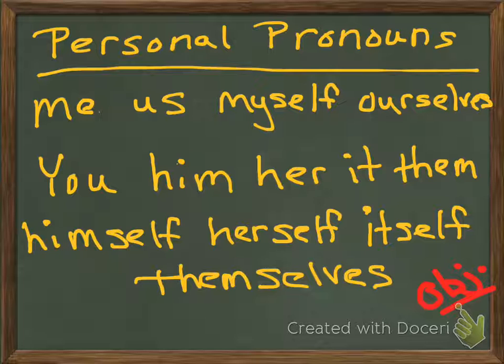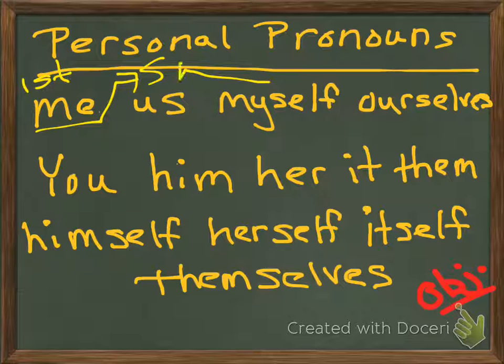Personal pronouns in the objective case, meaning they sit in those objects of the prepositions. They sit in the direct object. Me, us, myself. Singular is me, myself, and then plural in the first is us and ourselves.